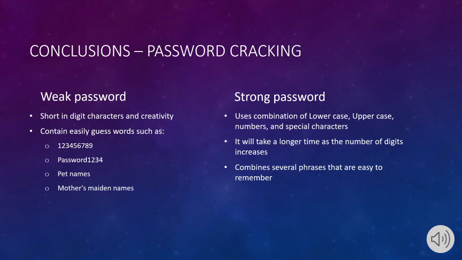And the reason for this is because there are different forms of attacks, such as dictionary word attacks, and these are included in a list of dictionary words, so the attacker can use this list of words, which are commonly used or guessed words. And once again, not having enough digits is also another characteristic of a weak password.